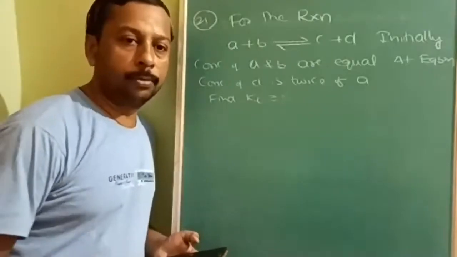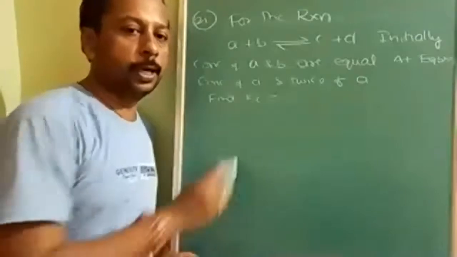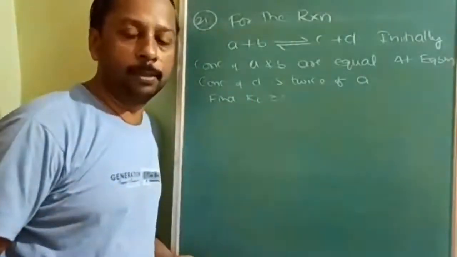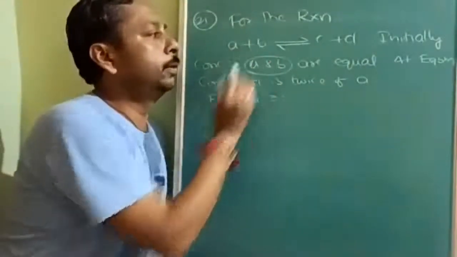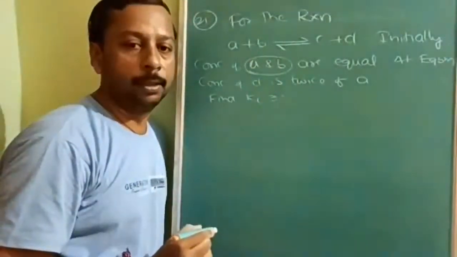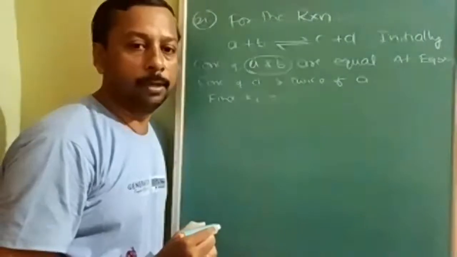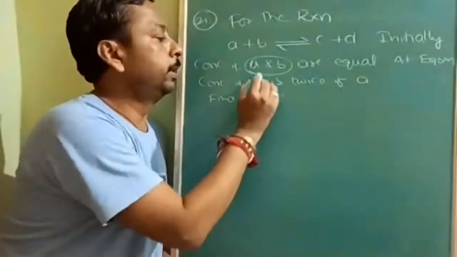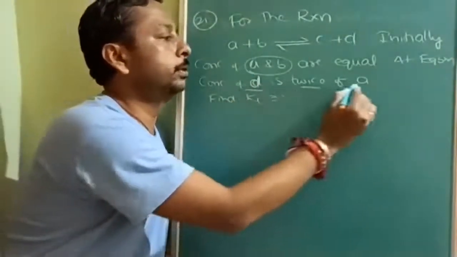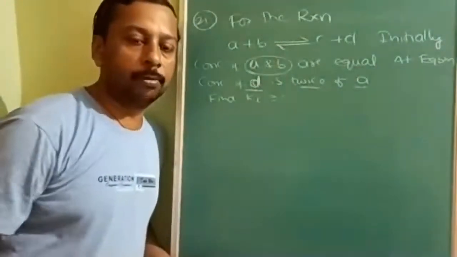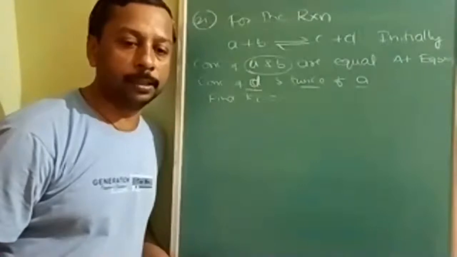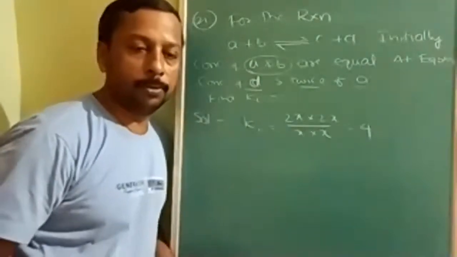Okay, we are into the integer type questions. Here a reaction is given, A plus B reversible C plus D. Initially, only reactants A and B concentration are equal. But after some time, equilibrium is achieved where concentration of D is twice that of A. Then you have to find out equilibrium constant Kc. Don't take tension.